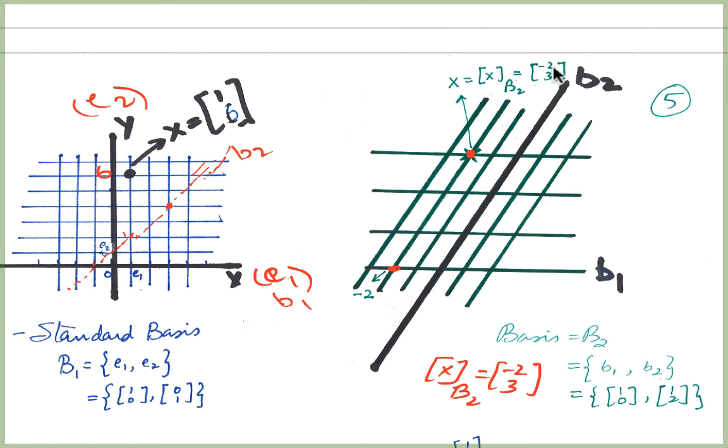So this is the point, the coordinate vector of x relative to B2. Now when I put both of them on the same graph, notice what's going to happen. Remember, this is my B2 here. The black one here is the B2, the red one here.